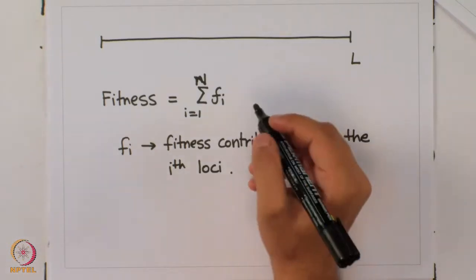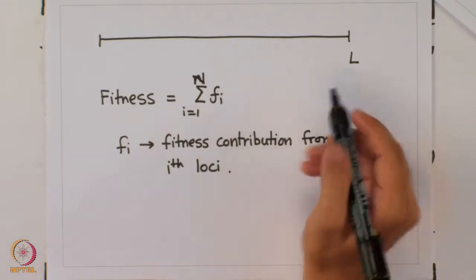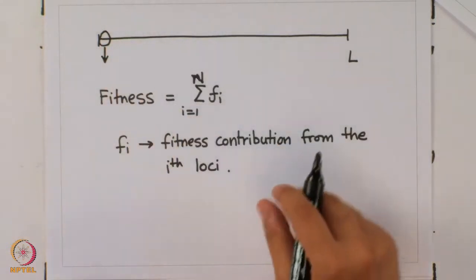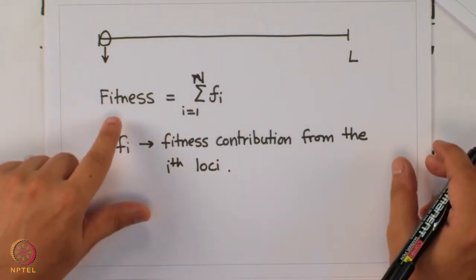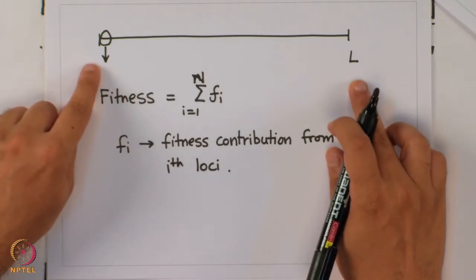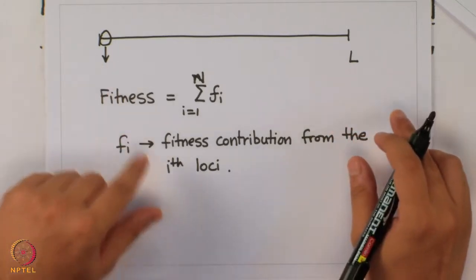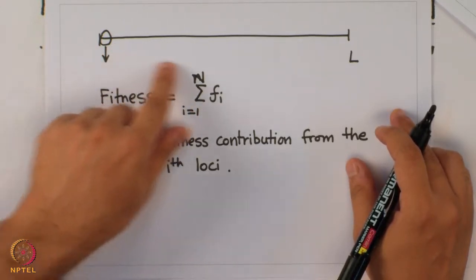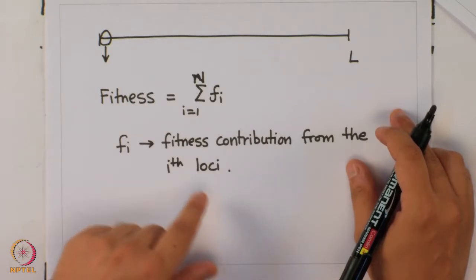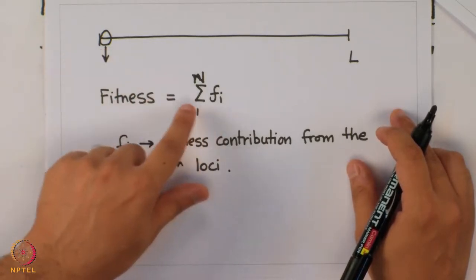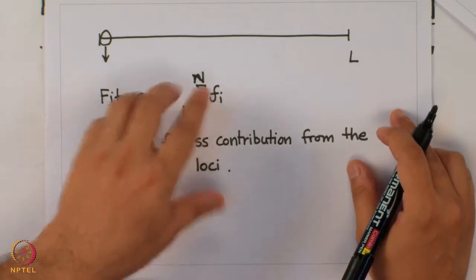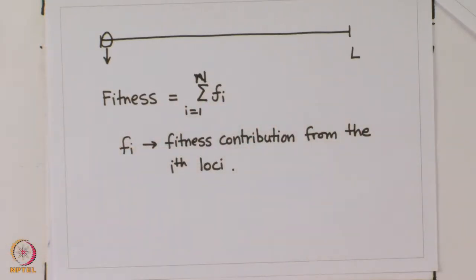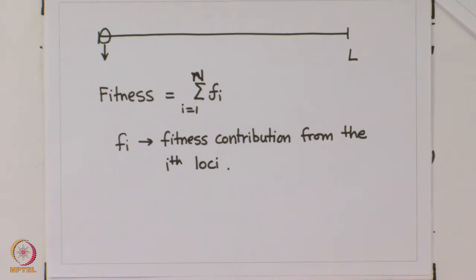You could visualize it one way, that n is equal to L. So, every nucleotide on this sequence has a fitness contribution, and what you are saying is that the fitness associated with this length of DNA is equal to the fitness contribution of every single nucleotide, and you add them up. This is just a simple addition. You add the fitness contribution of the first nucleotide F1, the fitness contribution of the second, and so on and so forth, go up to L, and that gives you the fitness of this entire chain of DNA polymer.